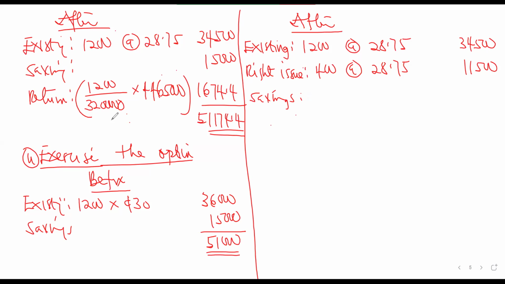The shares that he bought are at 25. The issue price is 25. Okay. So if it's at 25, why are we maintaining the 28.75 here? No, that is the value of the shares now. That is how the shares will be valued at. Okay. So that will give us 5,000, isn't it?